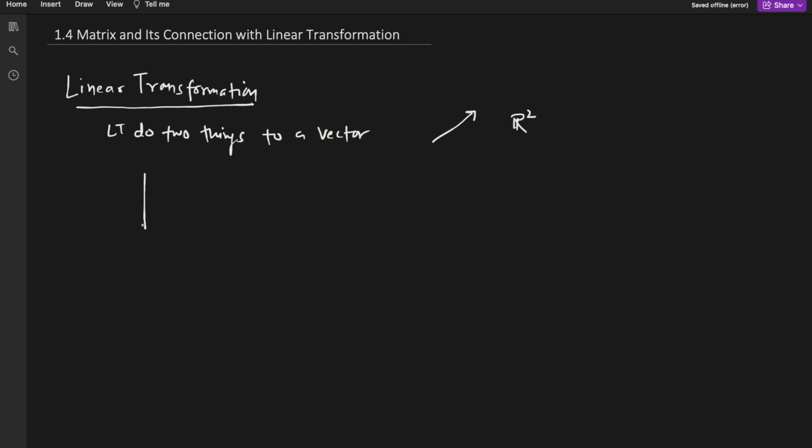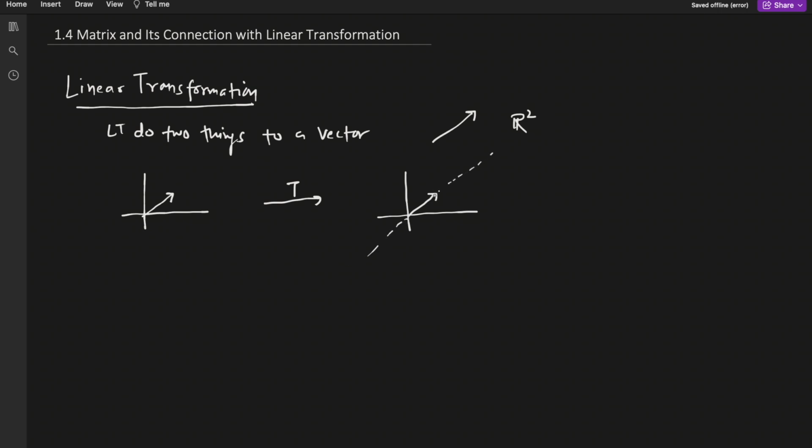The first one is that it scales a vector. For example, this is the vector, and you apply the linear transformation, let us suppose T. Then it will scale the vector, and this vector will remain on this straight line only.